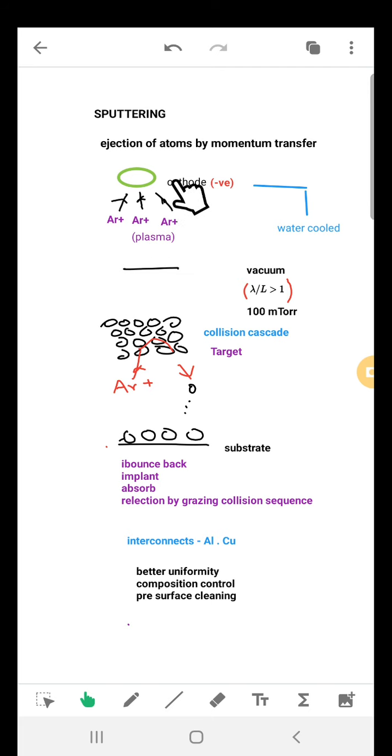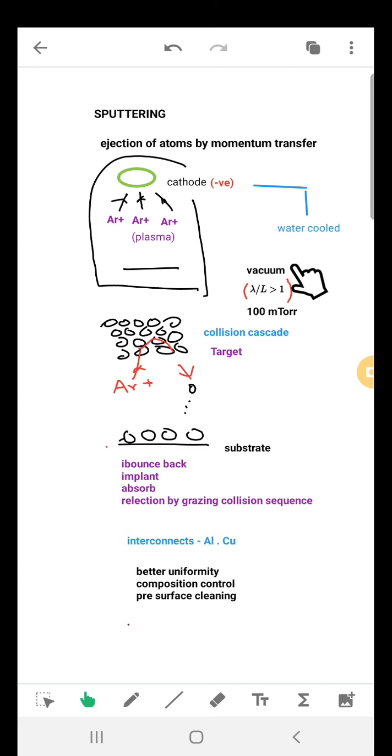The cathode, also called the target, is negatively biased and water cooled from the outside, and this whole thing is inside a vacuum chamber, where we maintain a vacuum. The vacuum is required to remove contamination.